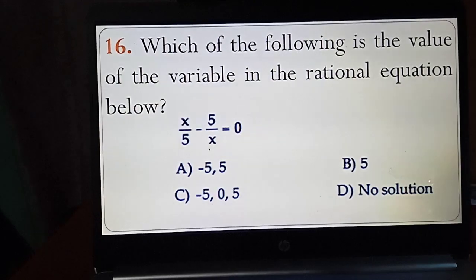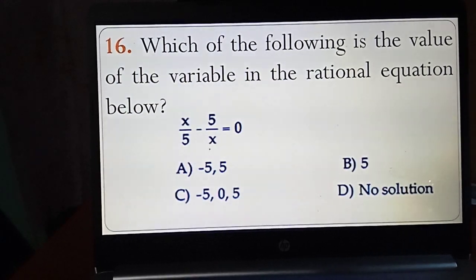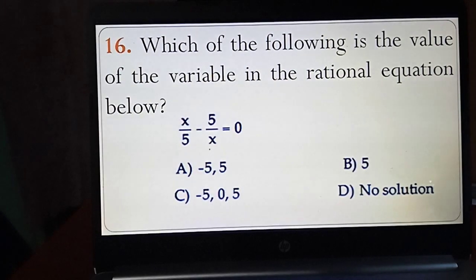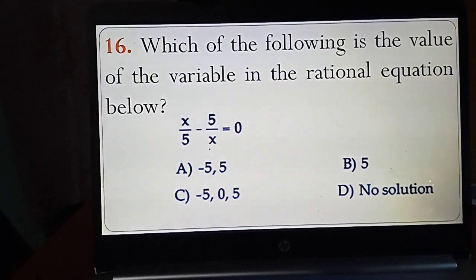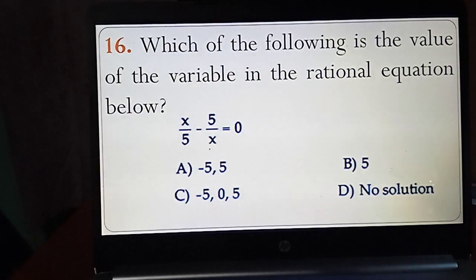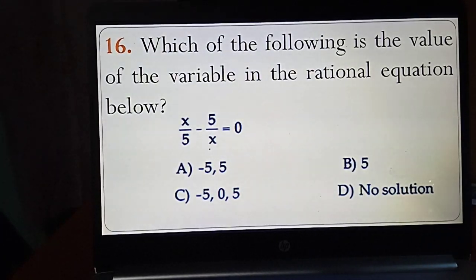So the answer is letter A, negative 5, positive 5. Letter B, negative 5, 0, 5. Letter C, negative 5, 0, and 5. And D, no solution. The answer is letter A. Okay, so letter A.